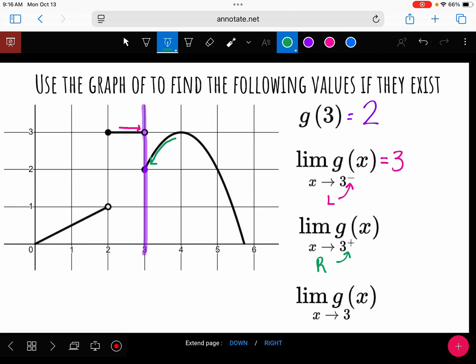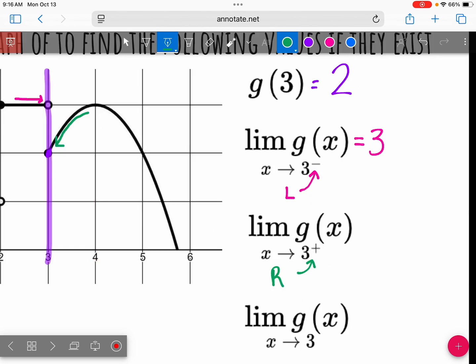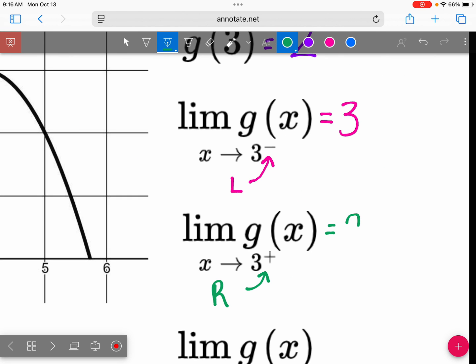As our x gets closer and closer to 3, my y value is going to get closer and closer to 2. If I had an equation here and I put in 3.1, I'd be real close to 2. If I put in 3.00001, I'd be real close to 2.